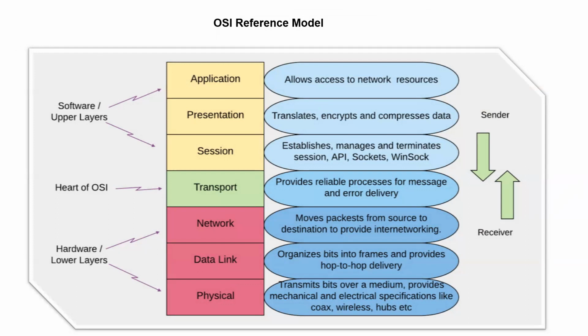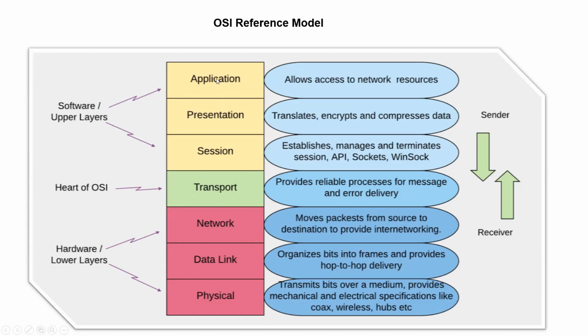Next you can see the transport layer, network layer, the data link layer and the physical layer. Here we are seeing the software or upper layers, application and presentation; the colors are the same. Then the heart of OSI, the transport layer. Then the hardware lower layers: network, data link, and the physical layer.